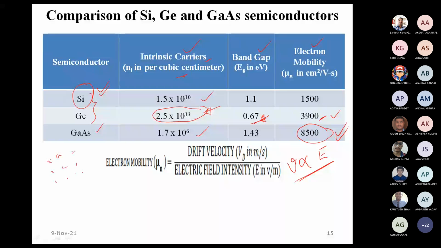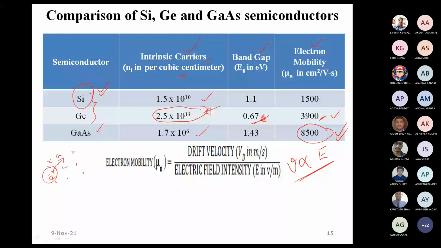The electrons, like small particles, may be thought of as having Brownian kind of motion if not subjected to any external field. They are left free, so they will move around here and there randomly.